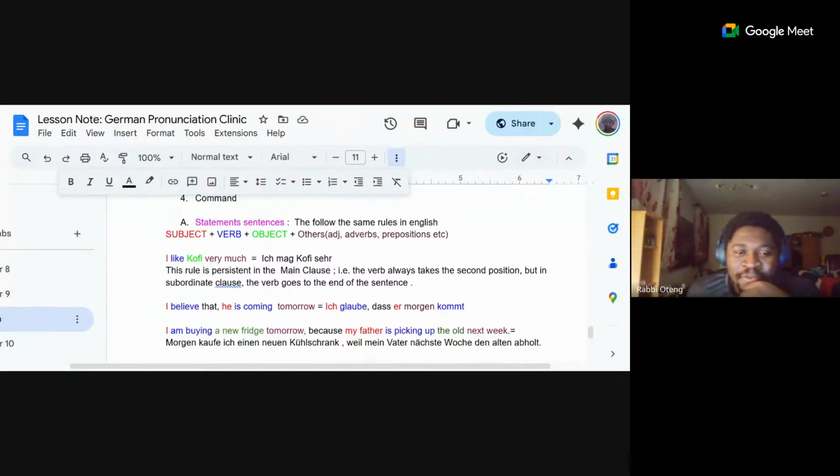So you see here, in the main clause we're able to change the subject, because the rule states that in statement sentences the most important thing is that the main verb of the sentence stays in the second position. You can't do anything about that, otherwise you're committing a sin against all Germans. The rest is up to you. Whether you start the sentence with an adverb, the direct object, or the subject, nobody cares.